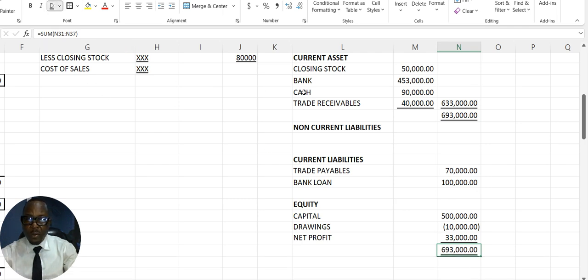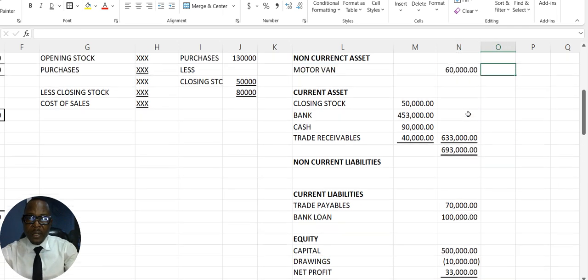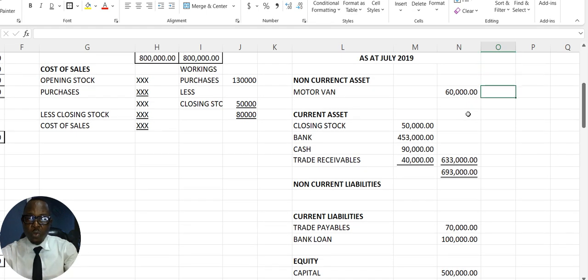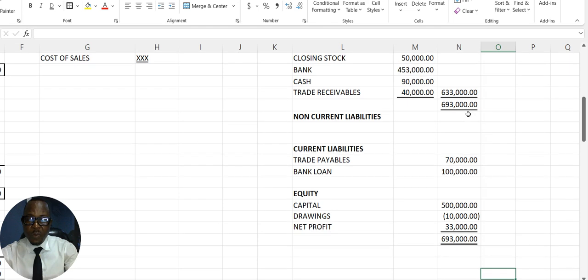Give this a double line like you did here. Both sides have to be equal. The one on the asset side must be equal to the liability and equity side, which is 693.